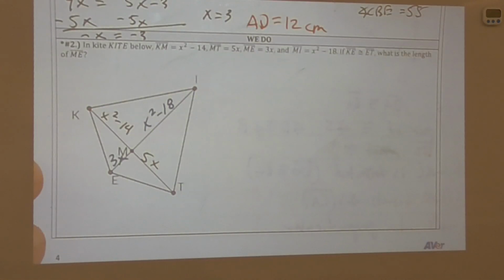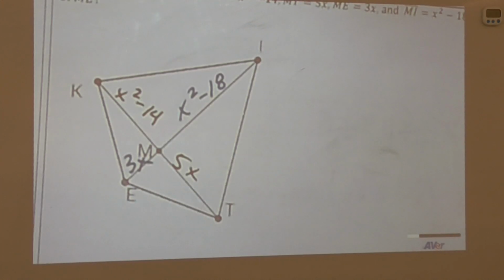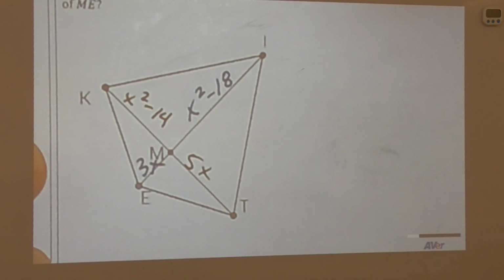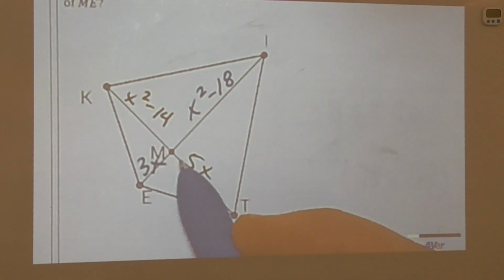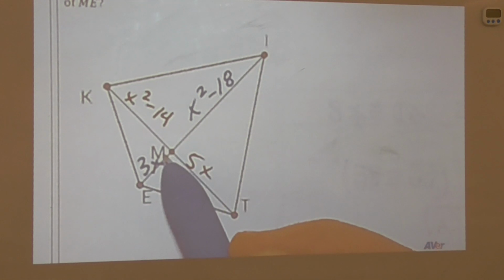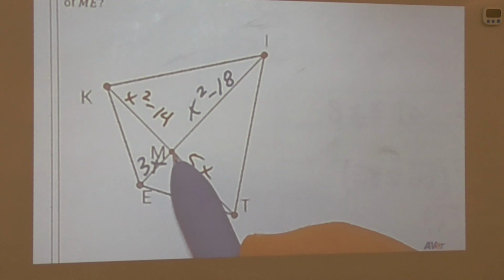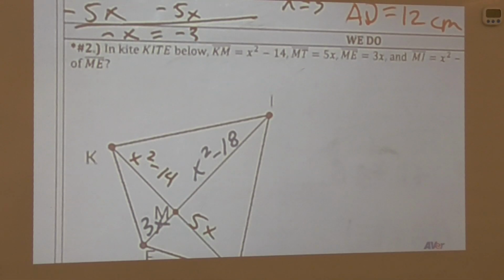So we said that in a kite, one of the diagonals is bisected. So this should make it clear that EI is not bisected at M. M is not the midpoint of EI. But M is the midpoint, and you know this because I told it to you. M is the midpoint of KT.